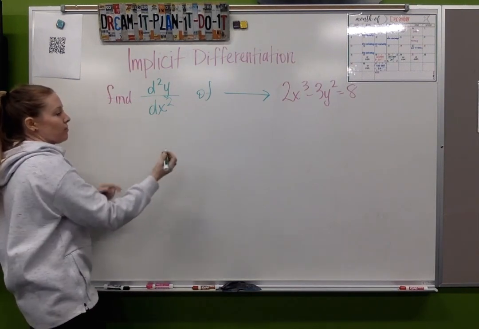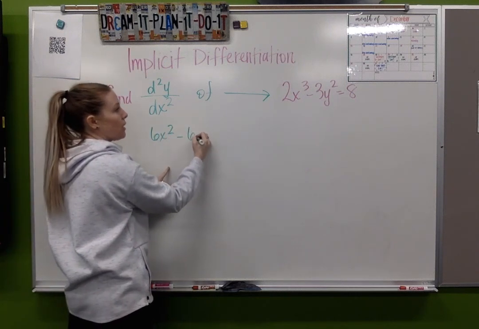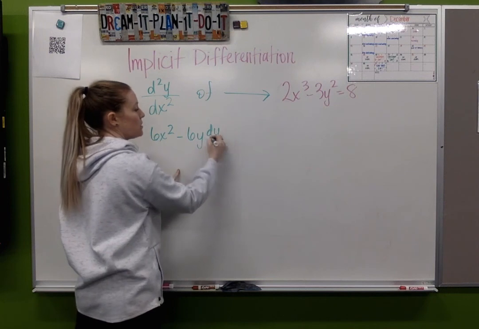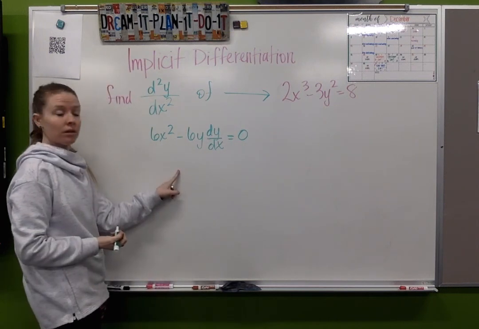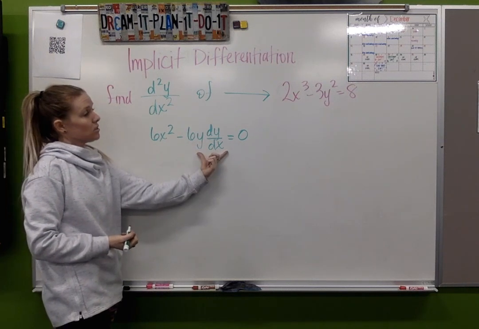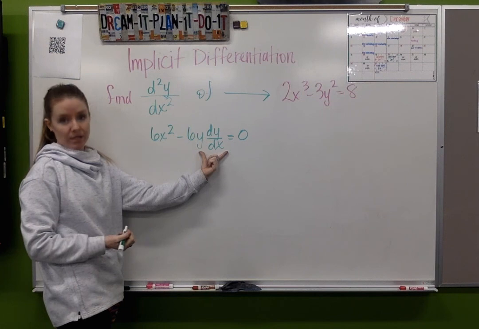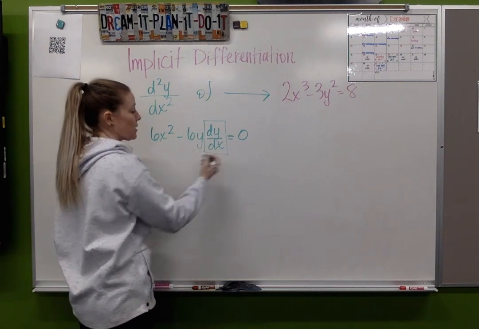Whoops, it's all good. All right, second derivative. The first derivative, I'm going to end up with 6x squared minus 6y dy/dx equaling 0. Here's the derivative of 2x cubed. Here's the derivative of 3y squared. All right? I'm going to isolate my dy/dx.